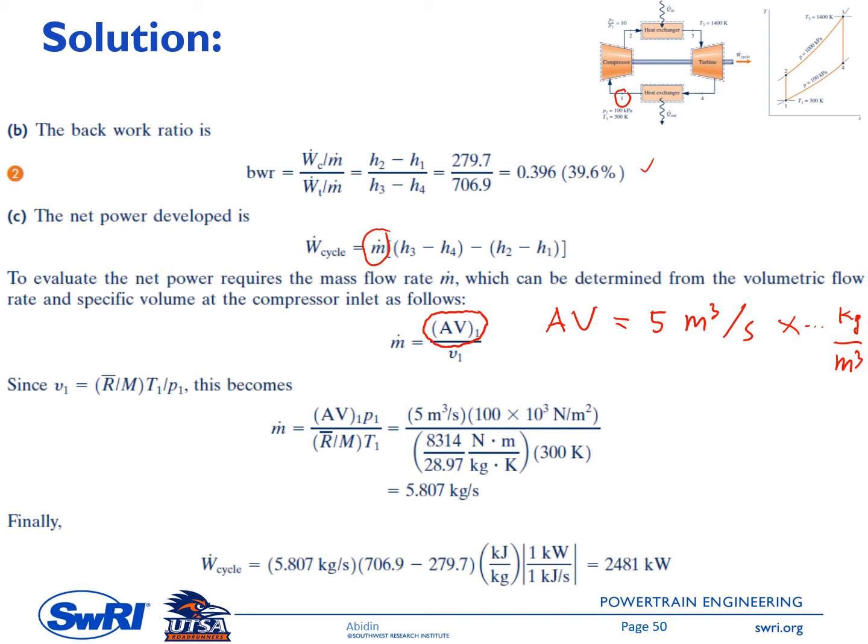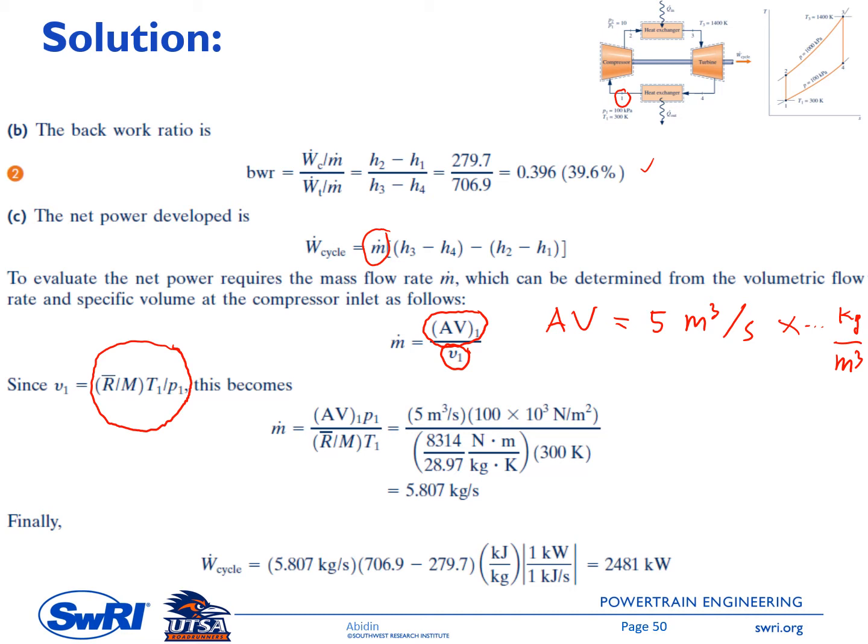So in this case, you need to calculate what is v1 here. It's in small letters, so the specific volume. You will use the ideal gas equation of state to calculate v1. v1 equals R bar, the universal gas constant, over M, the molecular weight of air, 28.97, times T1 over P1.